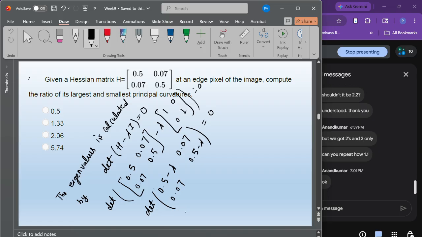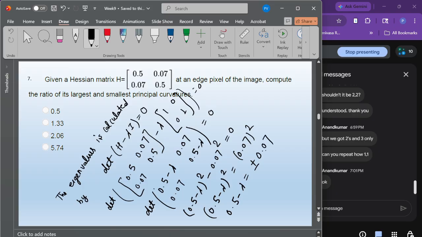Now, if you just calculate the determinant, 0.5 minus lambda whole square minus 0.07 square is equal to 0, right? So 0.5 minus lambda whole square is equal to 0.07 square, right? So now if you further calculate, the square will be cancelled out, so 0.5 minus lambda is equal to plus minus 0.07.